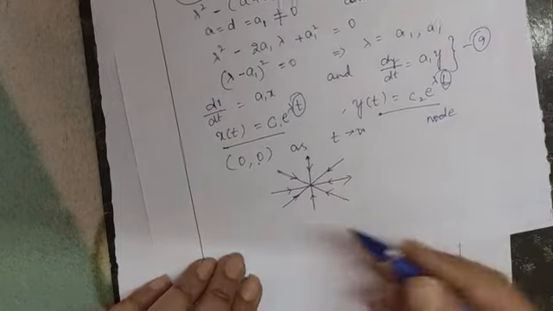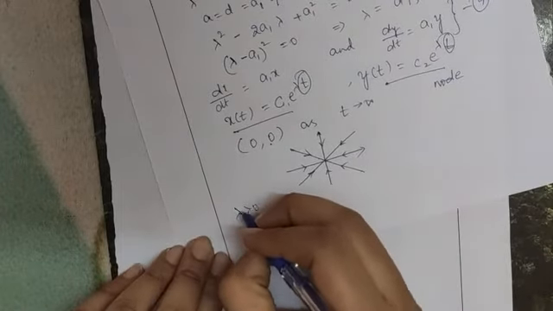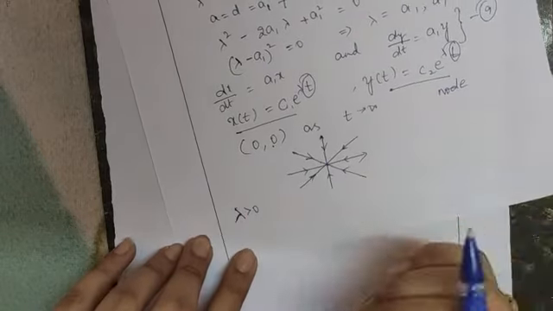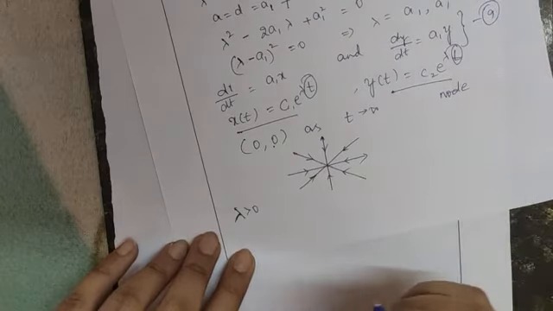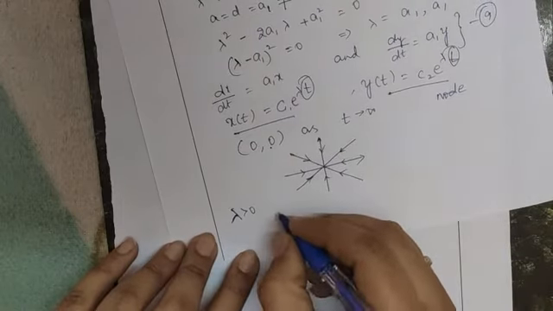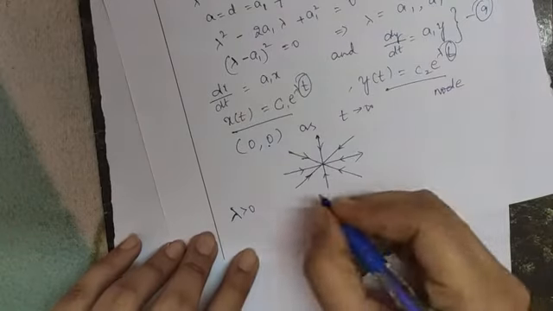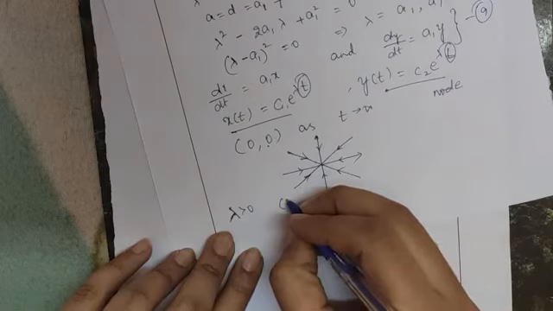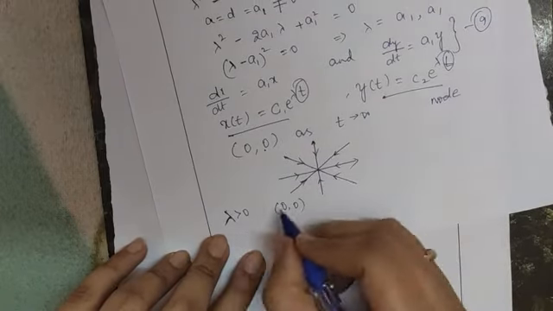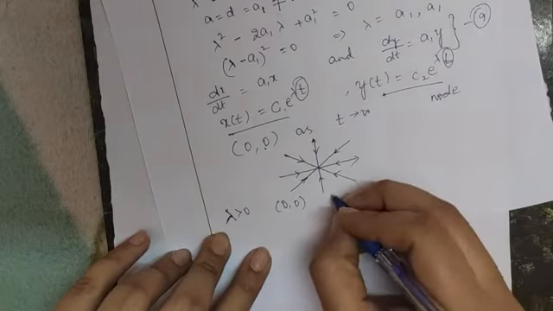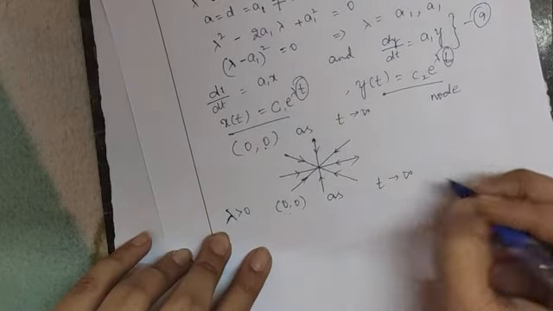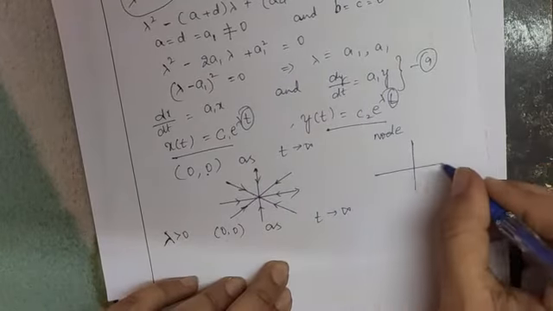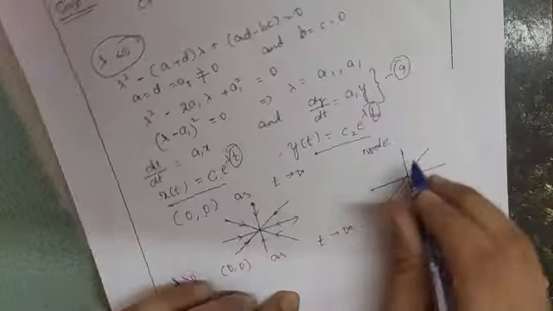Okay, so similarly, if I consider lambda is greater than 0, here also we have the same situation, except the paths move away from the origin.